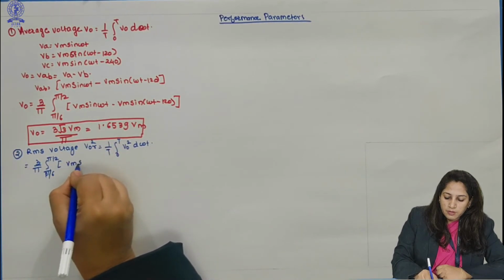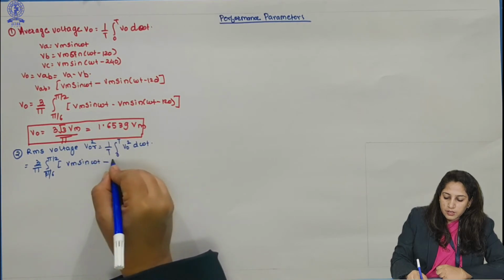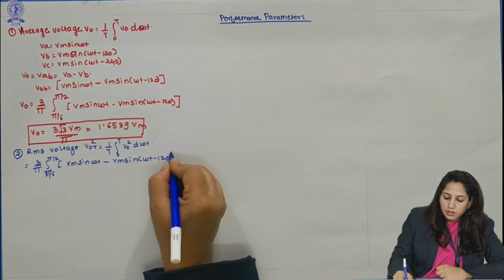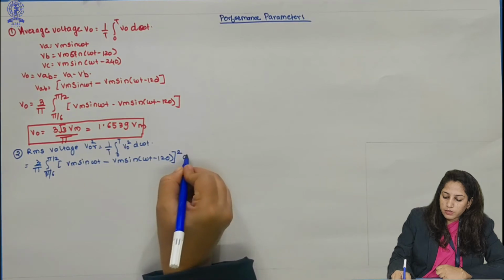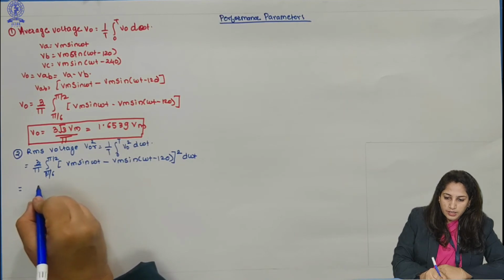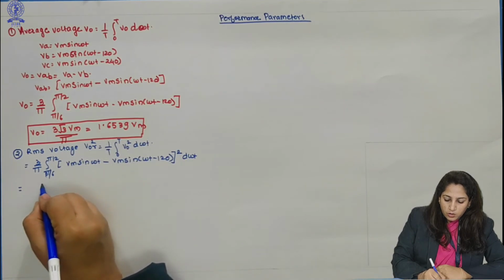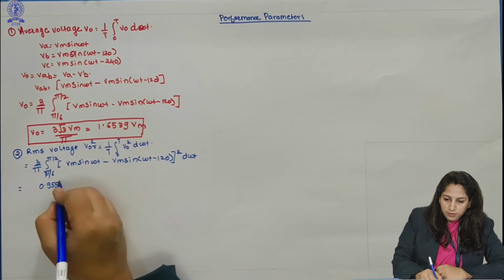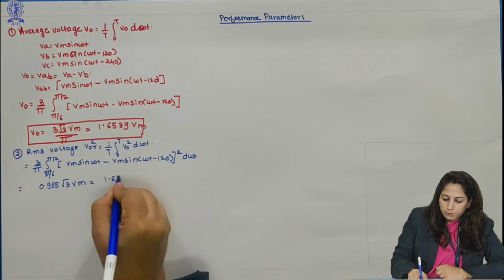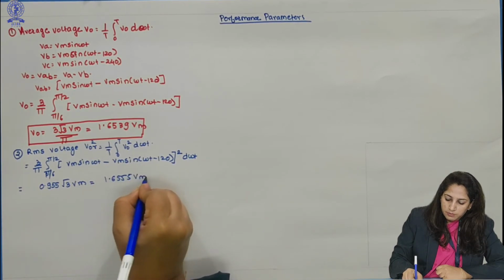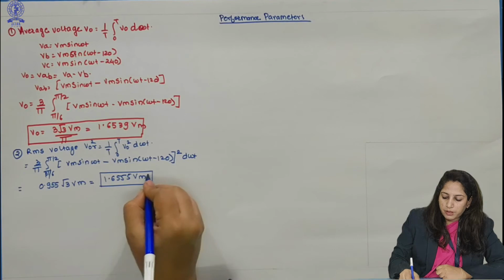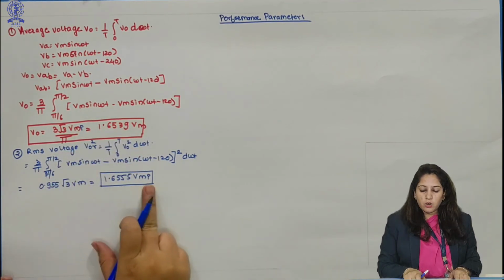So it is Vm sin omega t minus Vm sin (omega t minus 120), in brackets squared, with respect to d omega t. After solving this equation, we will get the RMS value as 0.955 root 3 Vm, and the final value will be 1.6555 Vm. This Vm means VMP, with respect to phase voltage. These are all phase voltages.